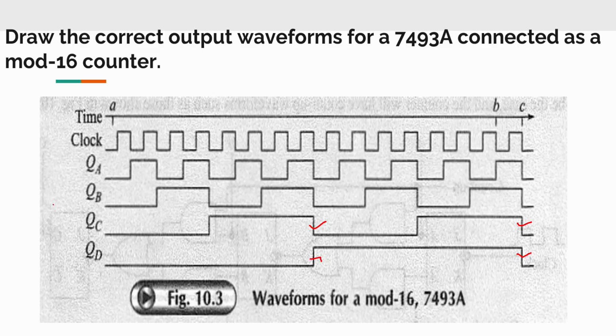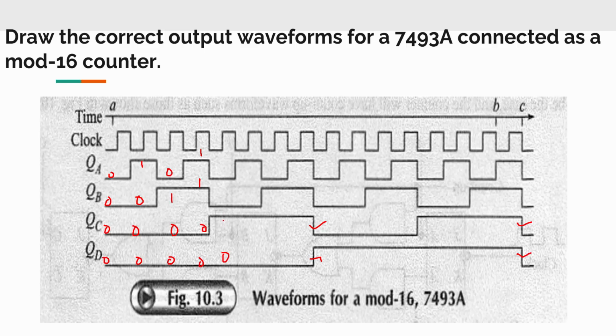See the pattern. Initially, at the first clock pulse, it is 0 0 0 0. Next it is 0 0 0 1. Next it is 0 0 1 0. In the next clock pulse it is 0 0 1 1.